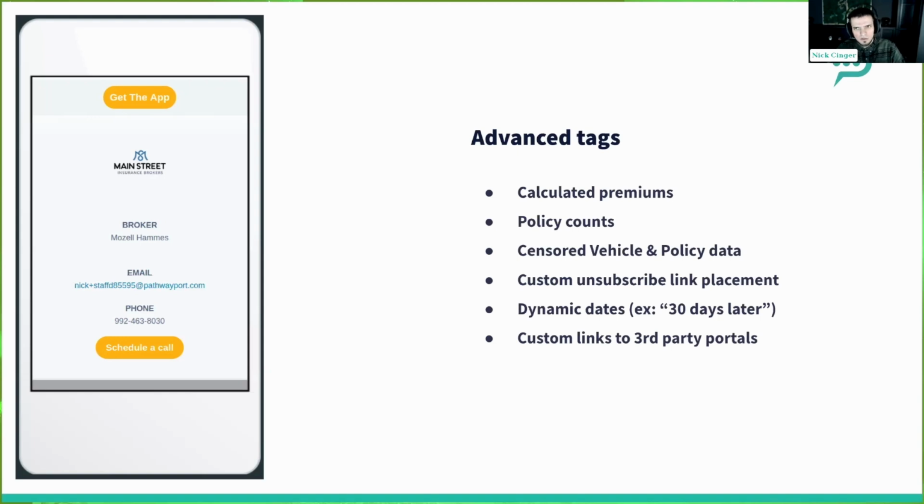Maybe it's your quote page and you want to dynamically pick which line of business code they land on. You can do that with a merge tag in a link from Pathway. Or perhaps you have the lookup code or the account number for the client and you want some info pre-filled once they land on a certain page, you can do that.